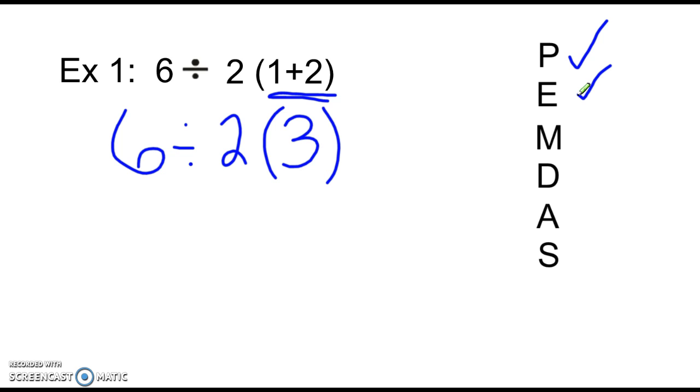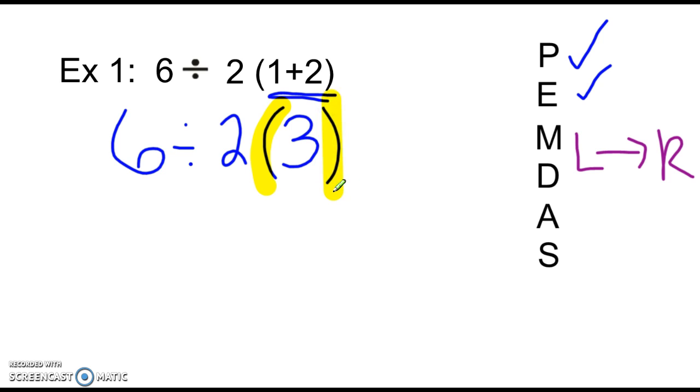We're now down to the part where we have multiplication and division. Remember, those are grouped together, and hopefully you guys are staying with me. You have to move left to right. In our problem, we have 6 divided by 2 times 3. These parentheses around the 3 are telling us that we have to multiply.